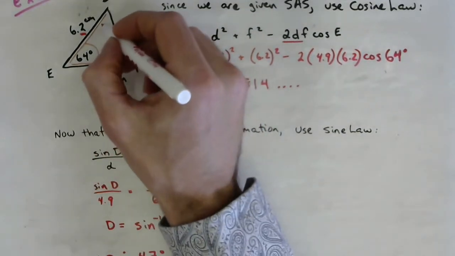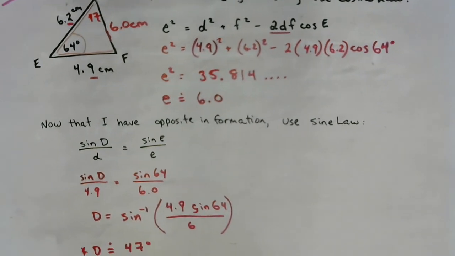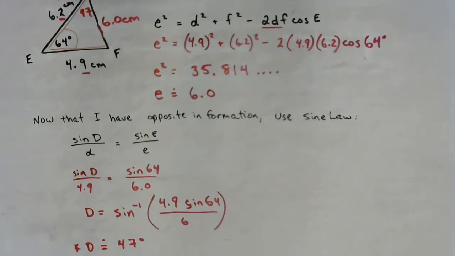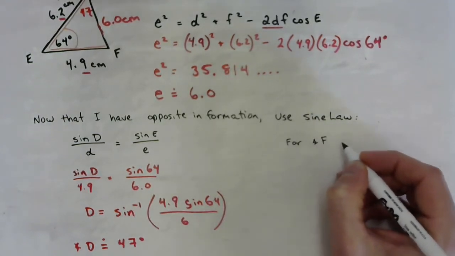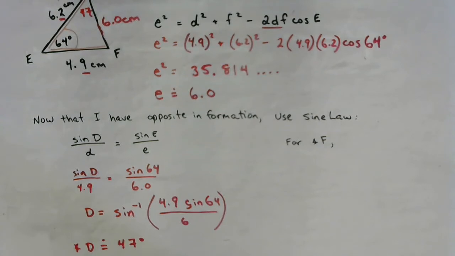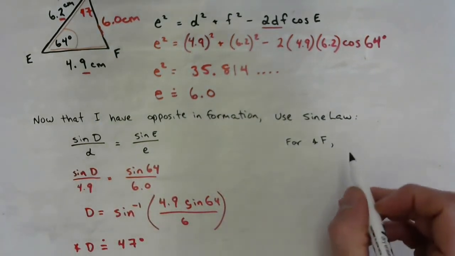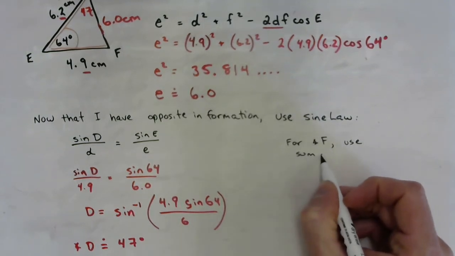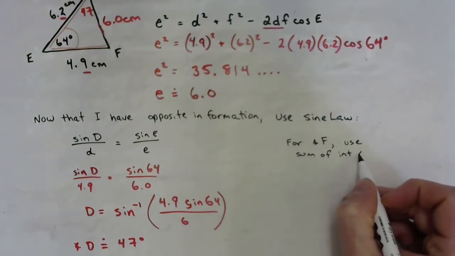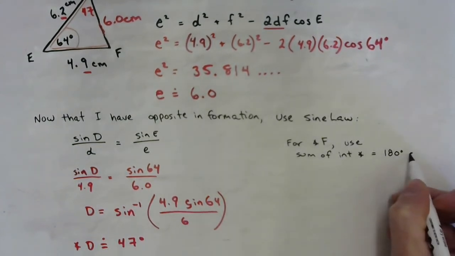How am I going to solve for angle F? You do the same, just with sin D over D. I could do the exact same, but there's a faster way. I have two of my three angles. The sum of interior angles equals 180 degrees.